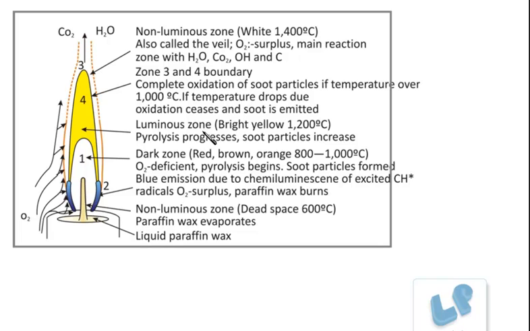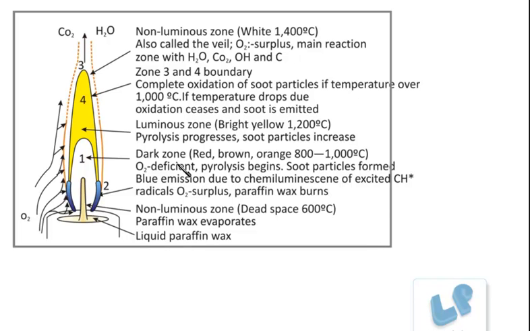Then the luminous zone. Then the dark zone: oxygen deficit zone. There the vaporized wax doesn't get oxidized. Blue emission due to chemiluminescence of excited CH radicals, oxygen surplus, paraffin wax burns here. Here you will find some blue vapors outside. Then there is a non-luminous zone and the liquid paraffin wax.